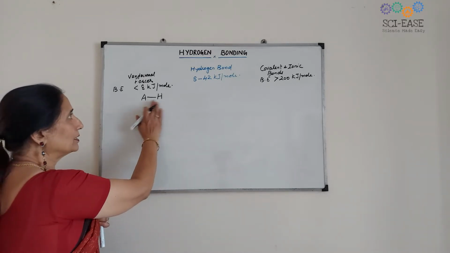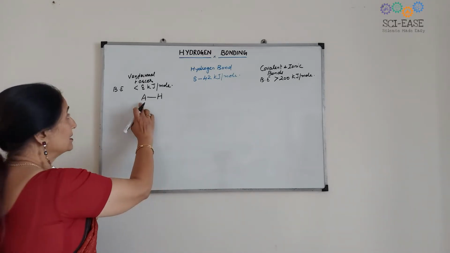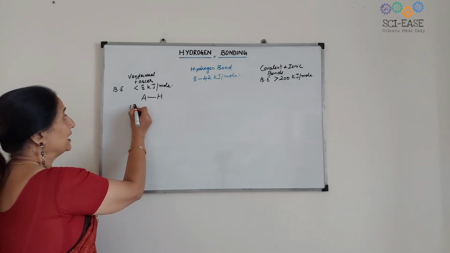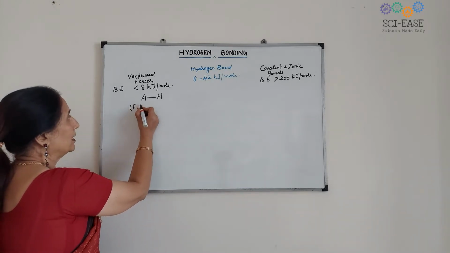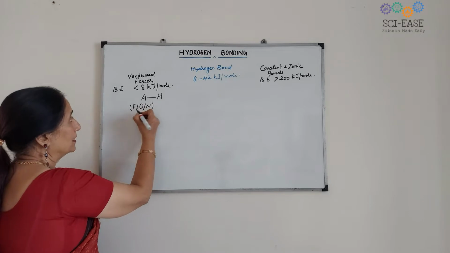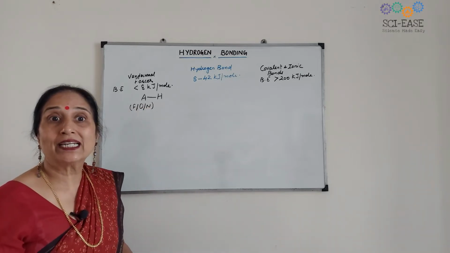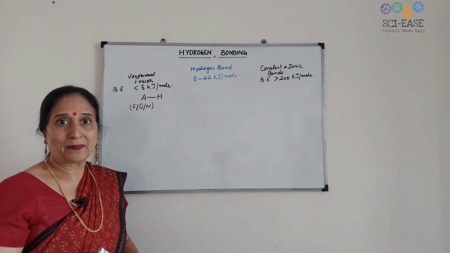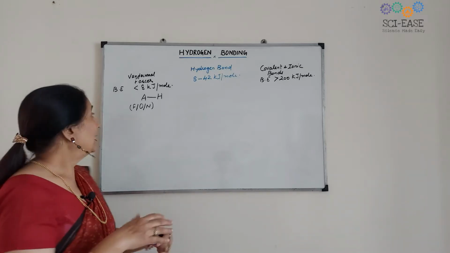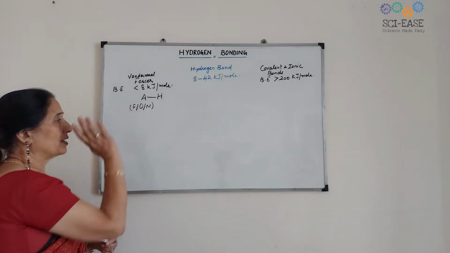Now this is not the hydrogen bond. This atom A may be fluorine, oxygen or nitrogen, that is, an electronegative atom. A is some electronegative atom like fluorine, oxygen or nitrogen.